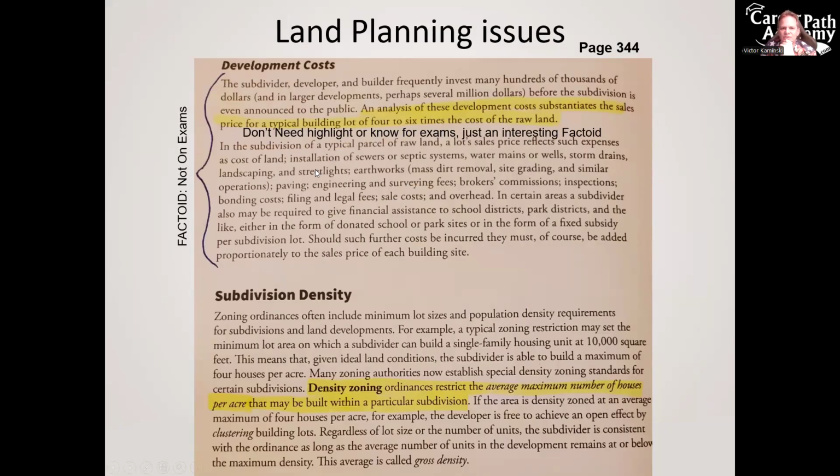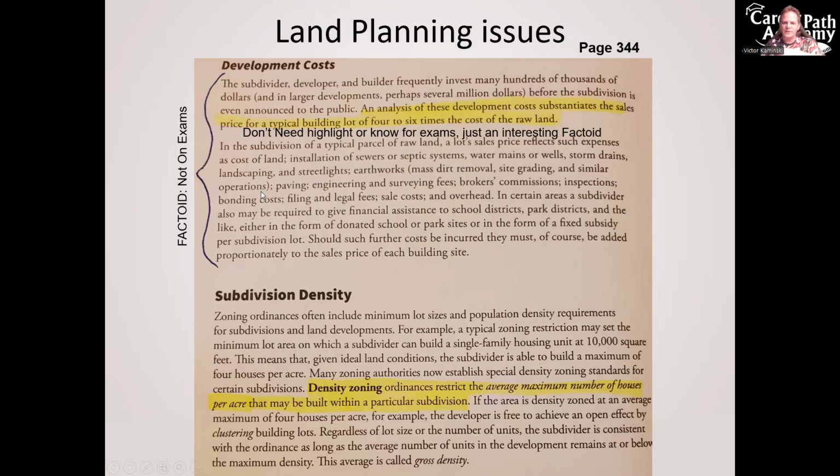they have to take into consideration, in a subdivision, the typical parcel of land and lot sales price reflects expenses such as the cost of the land itself, installation of the sewers and septic systems, water mains and wells, storm drains, landscaping, street lights, the earthworks, that includes the mass dirt removal and site grading and similar operations.